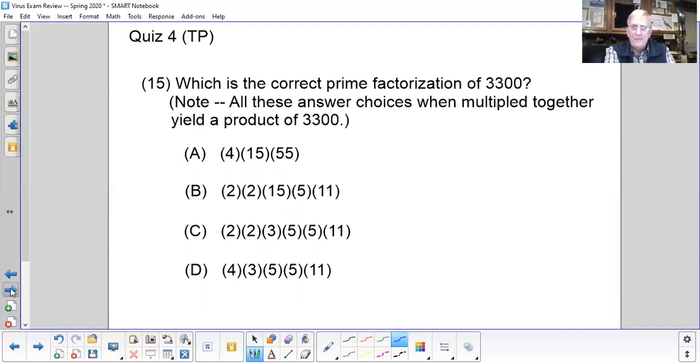Remember, the prime factorization of a number has to have all primes in it. Notice 15 is not prime, or is 55 in A. In B, 15 isn't prime. In C, every single number is prime. And in D, 4 isn't prime. So therefore, the correct answer for that is C.